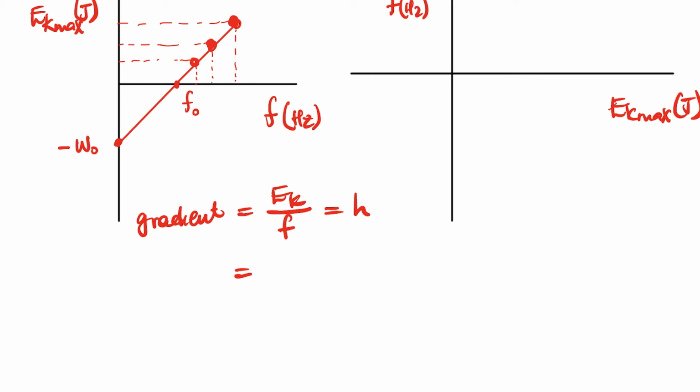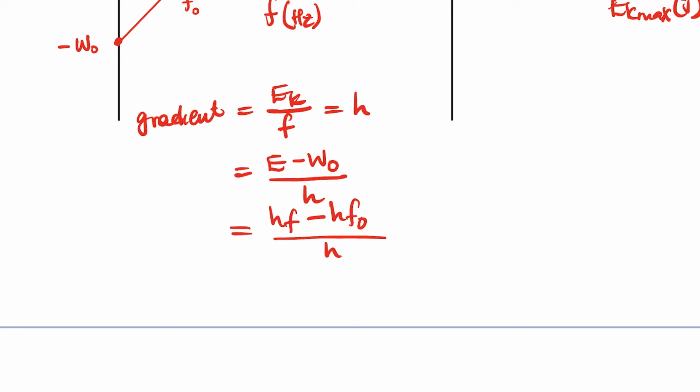Because the kinetic energy is equal to the energy minus the work function over h, which is going to be hf minus hf0 divided by that.